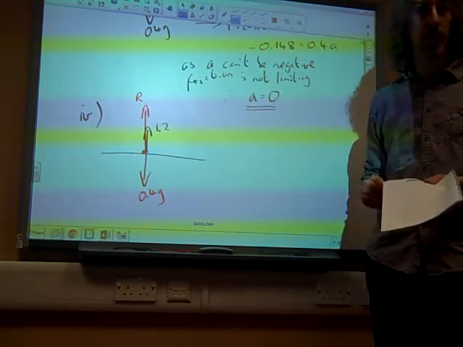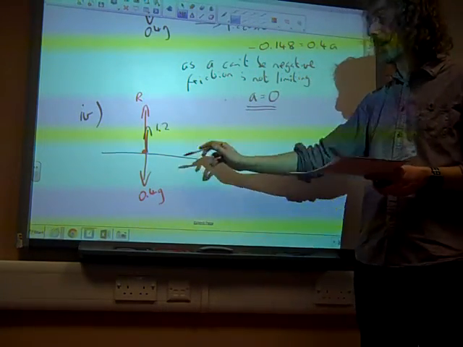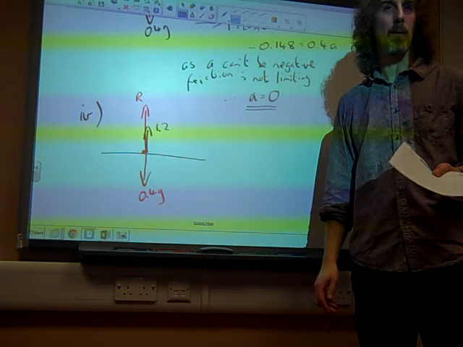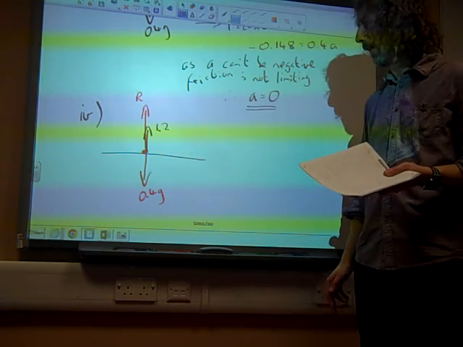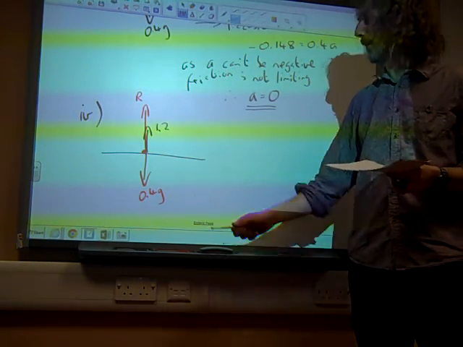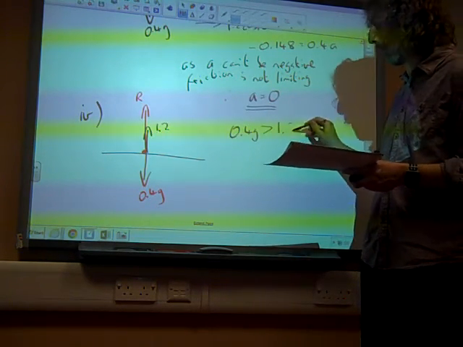In fact, if it was enough to lift it off the table, we need to check, is 1.2 greater than 0.4g? And it's not, is it? Because g is 9.8, and so 0.4 times 9.8 is going to be much greater than 1.2. 0.4g is greater than 1.2.